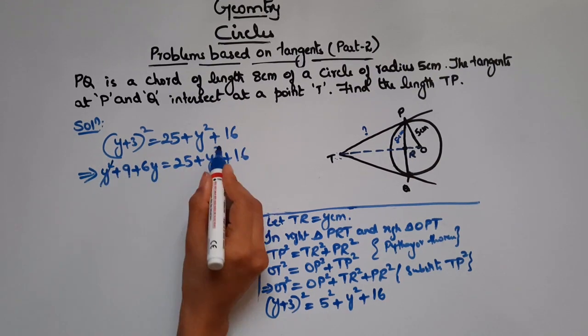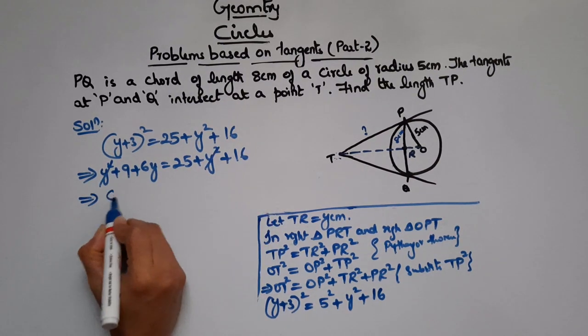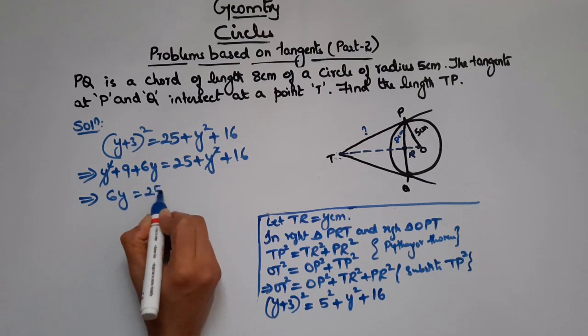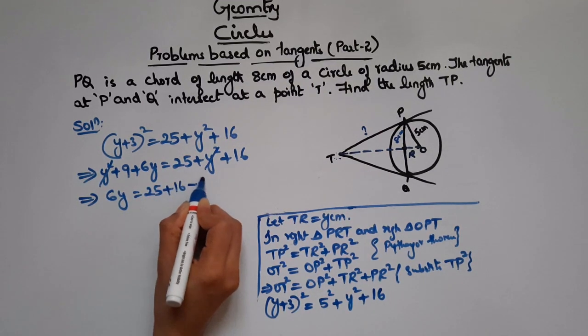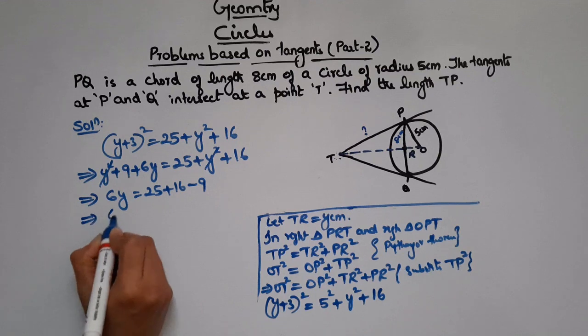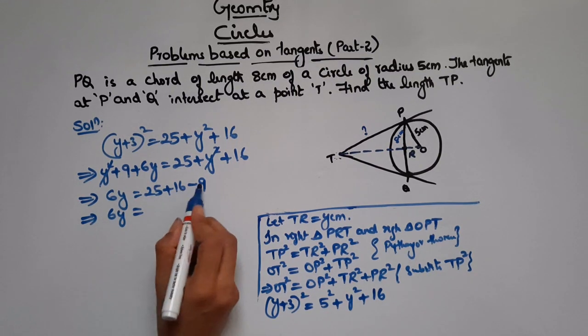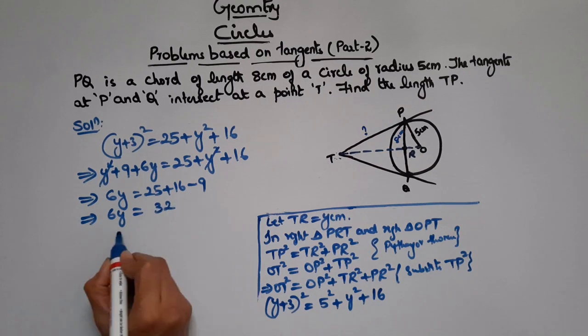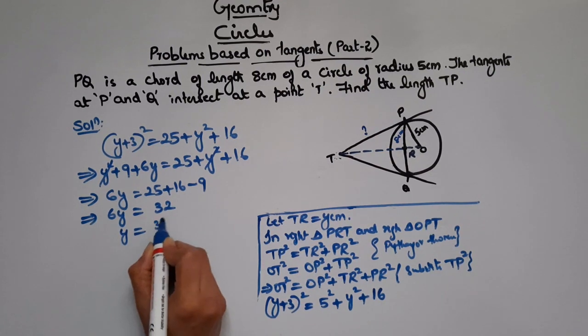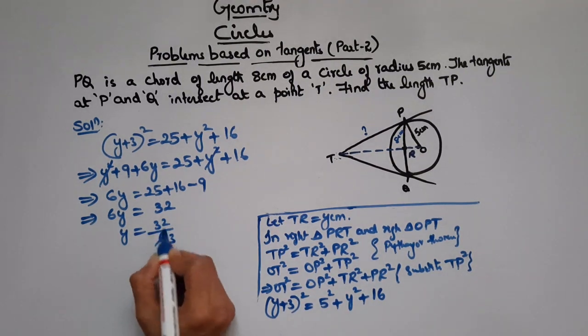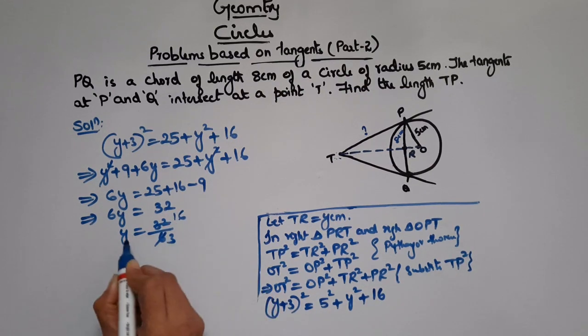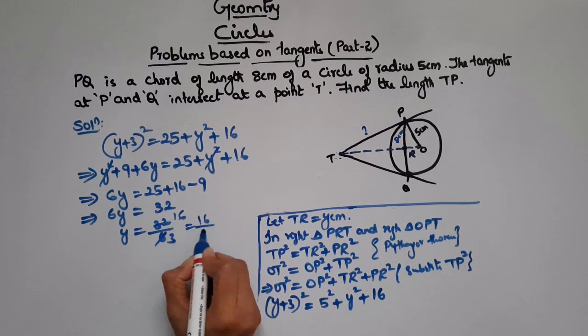So Y square is gone. This implies 6Y is equal to 25 plus 16 minus 9, right? 25 plus 16 is 41, and 41 minus 9 gives you 32. So Y is 32 by 6, which is 16 by 3.